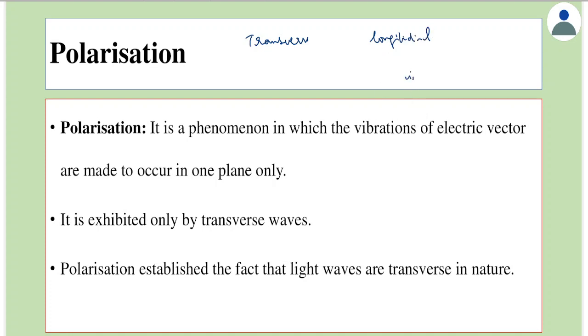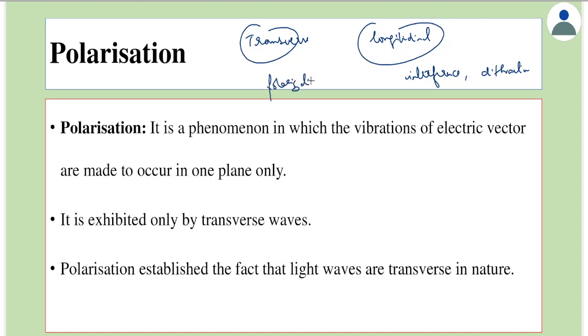Properties like interference and diffraction are shown by both kinds of waves. But there is one property which differentiates these two kinds of waves, and that property is called polarization. So we can say that this is a property which differentiates transverse waves from longitudinal waves.